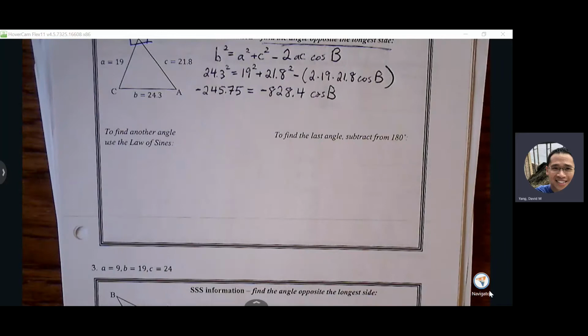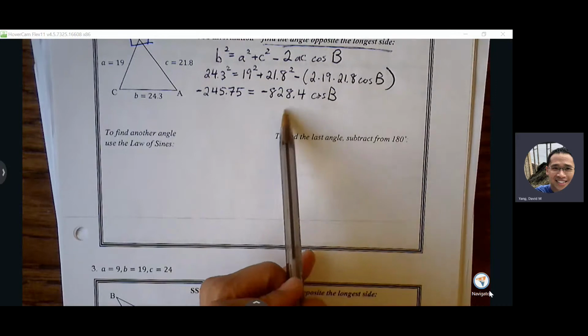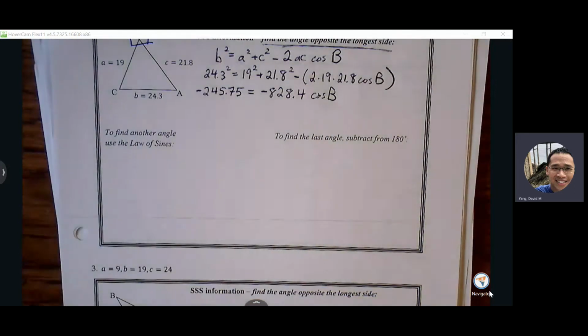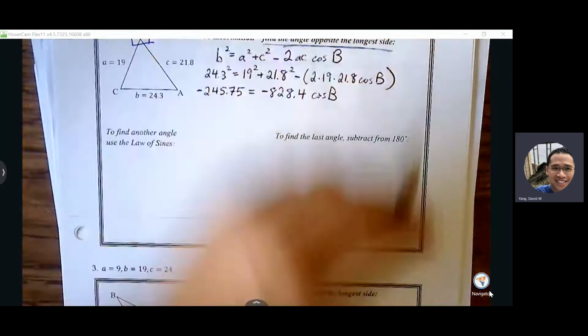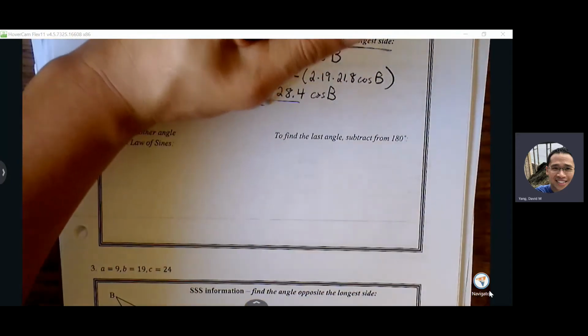Okay, are we okay so far? We pull all the constants together. We multiply all these coefficients out in front. And now let's just divide the negative 828 over. And then we can get cosine of B by itself.